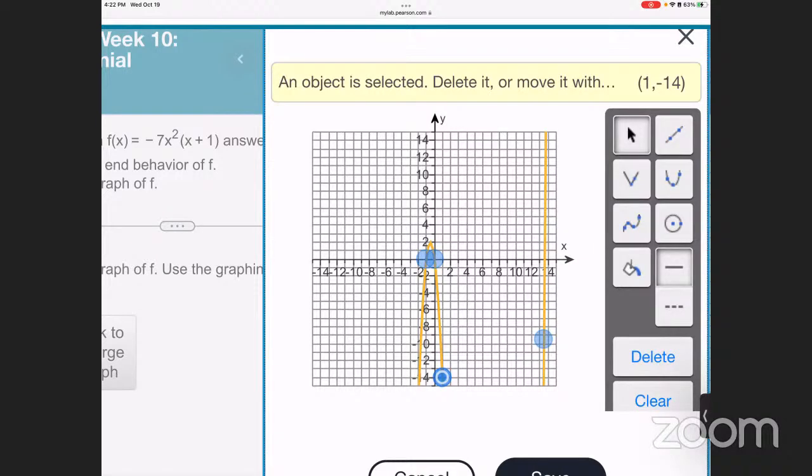No more zeros. So let's try when x is -2. If x is -2, that's -1, that's 4, so that's -4. -4 times -7 is +28, which goes off the chart. Let's try when x is -1.5, or -3/2.